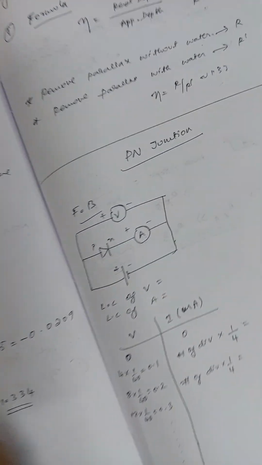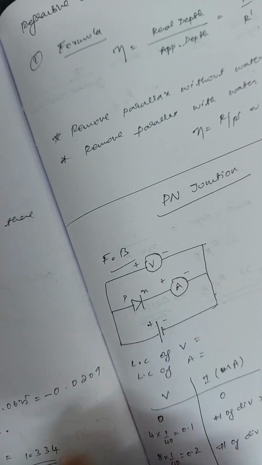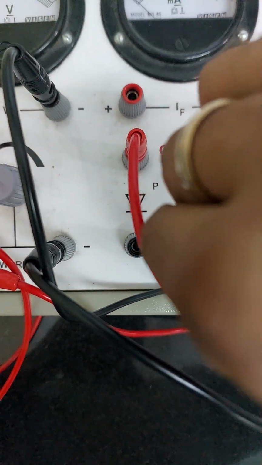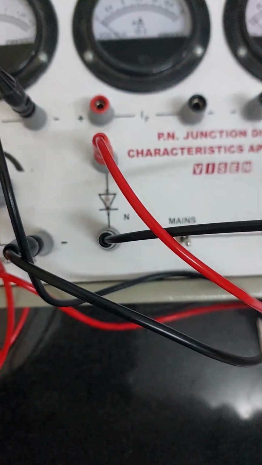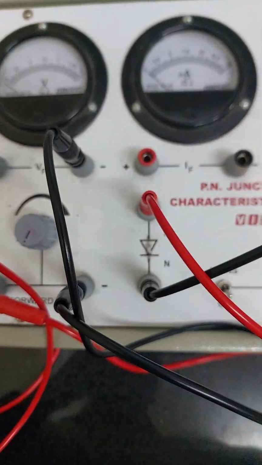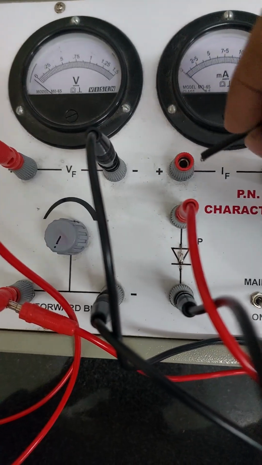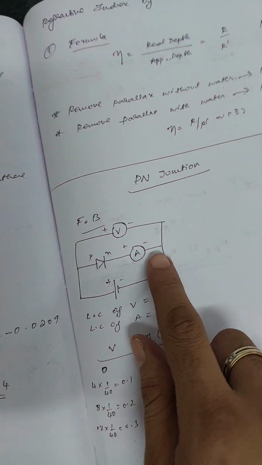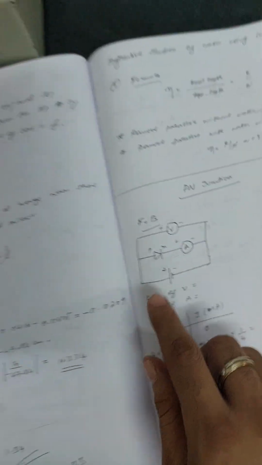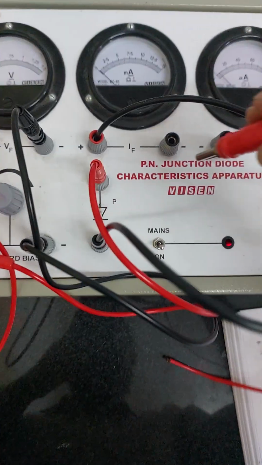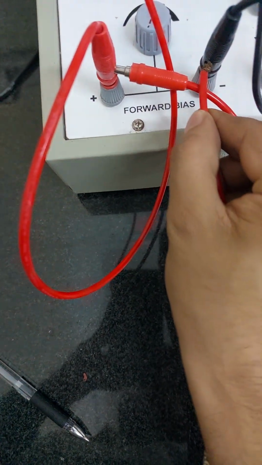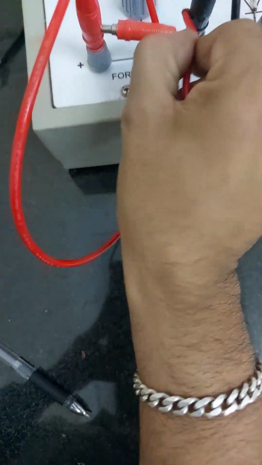Then the negative end of the diode is going to the positive of the ammeter. Then negative of the ammeter is going back to the battery negative.